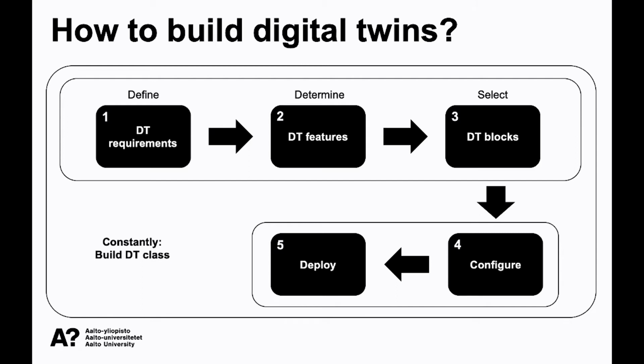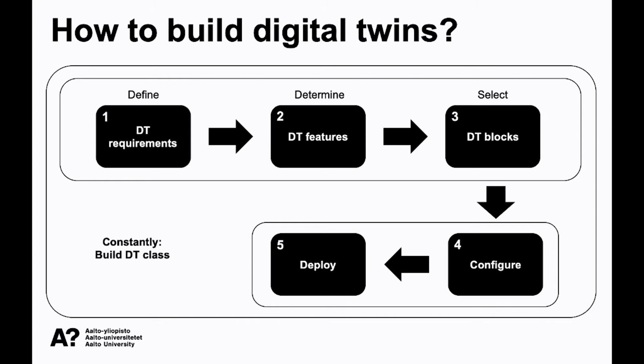First, define requirements. Second, determine digital twin features based on the requirements. So select just conceptual features. This is a midway step, because then, third, we select digital twin blocks. And the digital twin blocks are concrete software blocks.